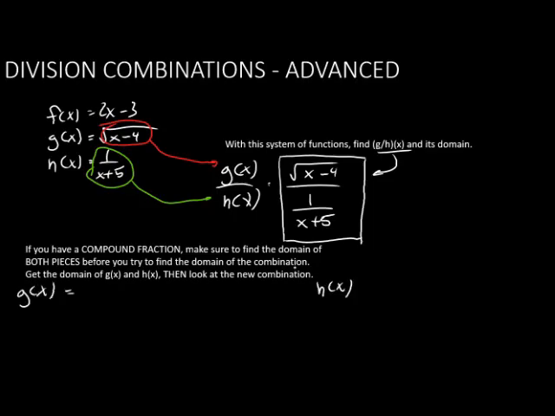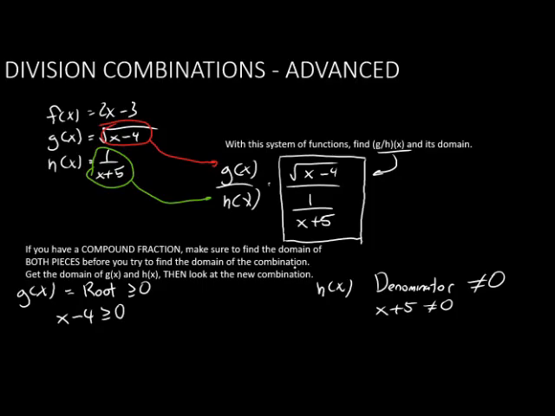Note that g(x) is a root, and therefore we'll use the root rule that the inside of that root, x minus 4, must be greater than or equal to 0. For h(x), we have a fraction, and that denominator must be not equal to 0. So we'll say x plus 5 cannot be 0.